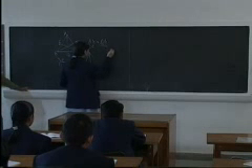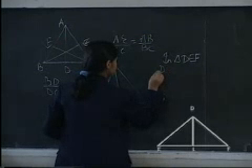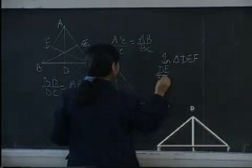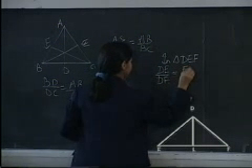Now here in triangle DEF, by angle bisector theorem, DE by DF is equal to EL by LF.